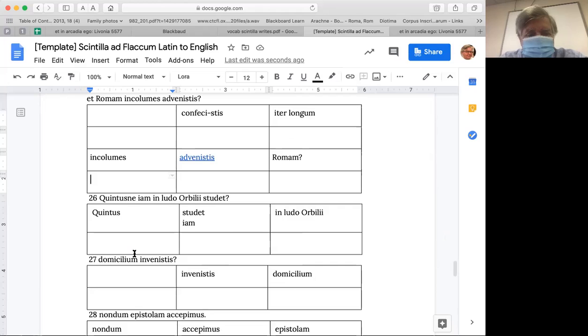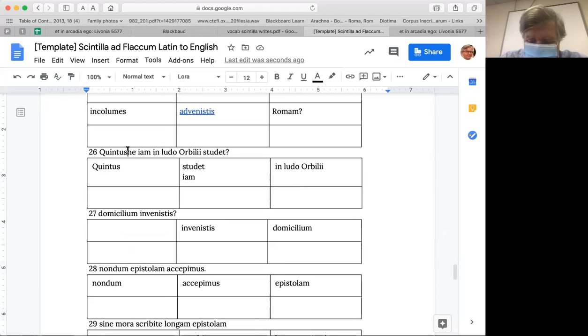Quintusne, so beginning of a question. Ne is just the question word. Quintus is the subject. Verb is studet. And that's really all there is to that sentence.